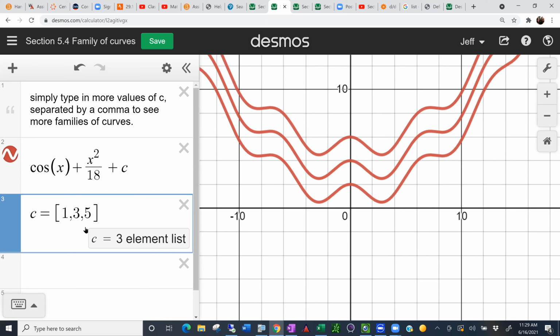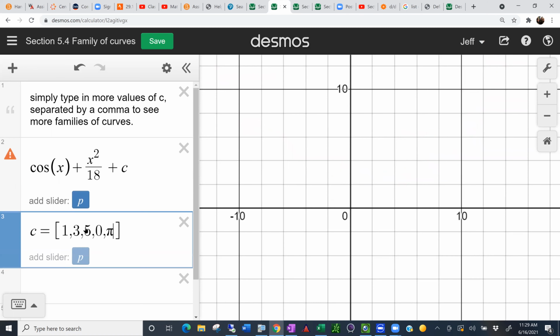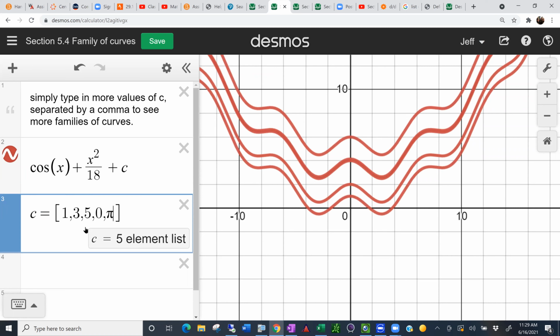Maybe you want to see what happens when c is 0, comma 0. There you go. There's c equals 0. You can put in c equals pi, whatever values you want. Now c equals pi is pretty close to this one, so let me just delete that one. But you get this family of curves.